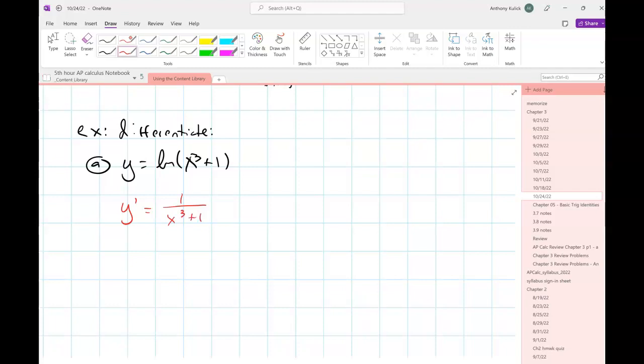So it's 1 over the inside, and then times the derivative of the inside, which is 3x squared. So we're just going to write that as 3x squared over x cubed plus 1. No big deal.